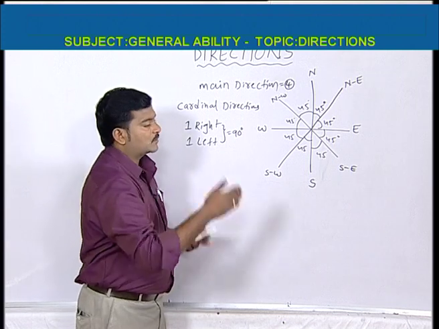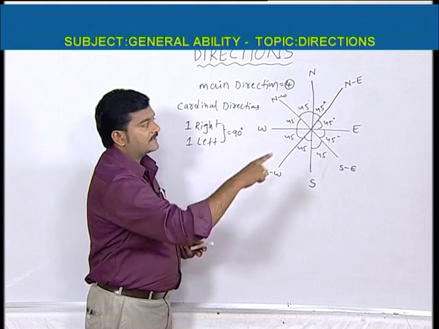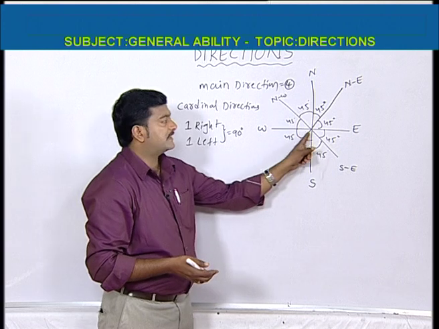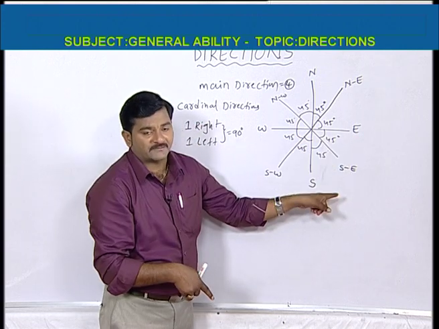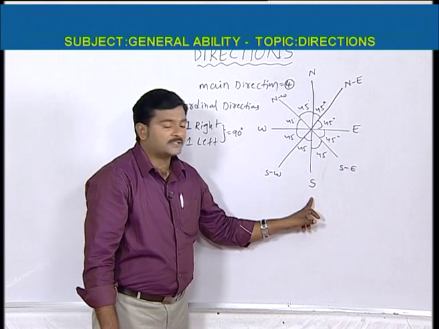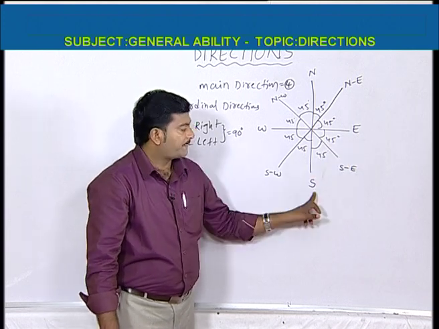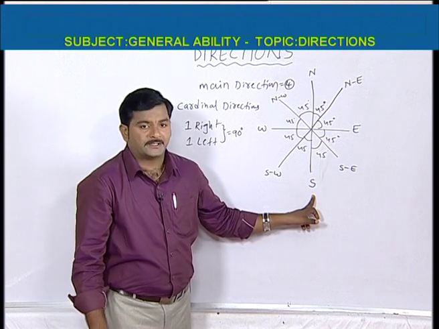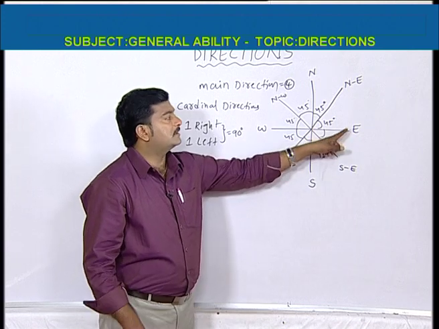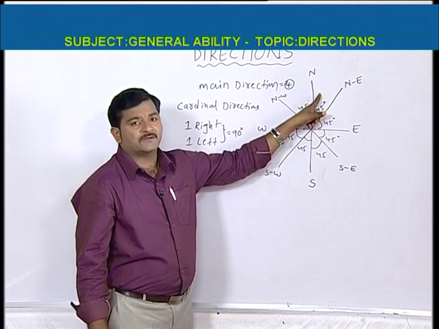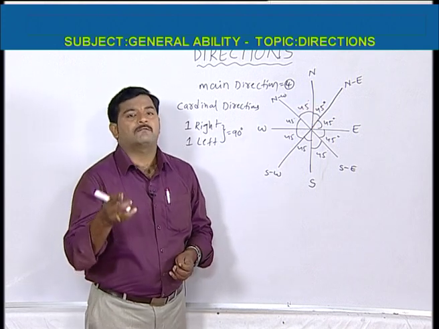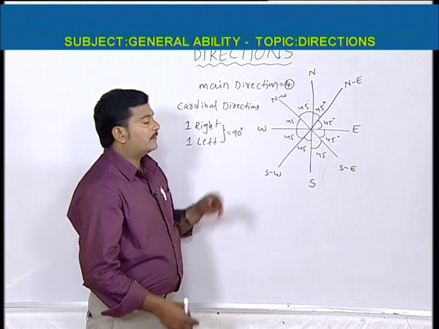For example, the person is facing towards east, and he turns one right. Now what will we get? South direction. So east changed to south. The angle between these two is 90 degrees. Or else we can say he turned one left, which means north direction. So indirectly, one right turn or one left turn is equal to how much?